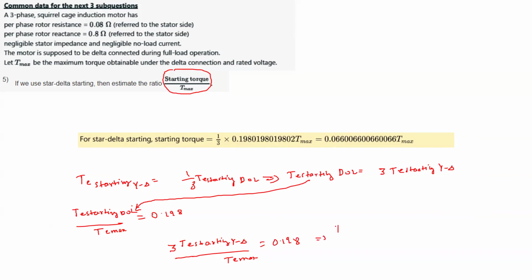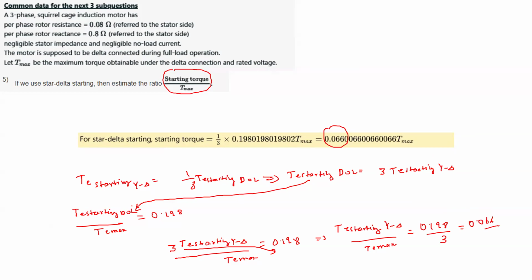Now what will be T starting star delta by T max? If you cross multiply, you bring the 3 down, so this becomes 0.198 by 3, which comes out to be 0.066.